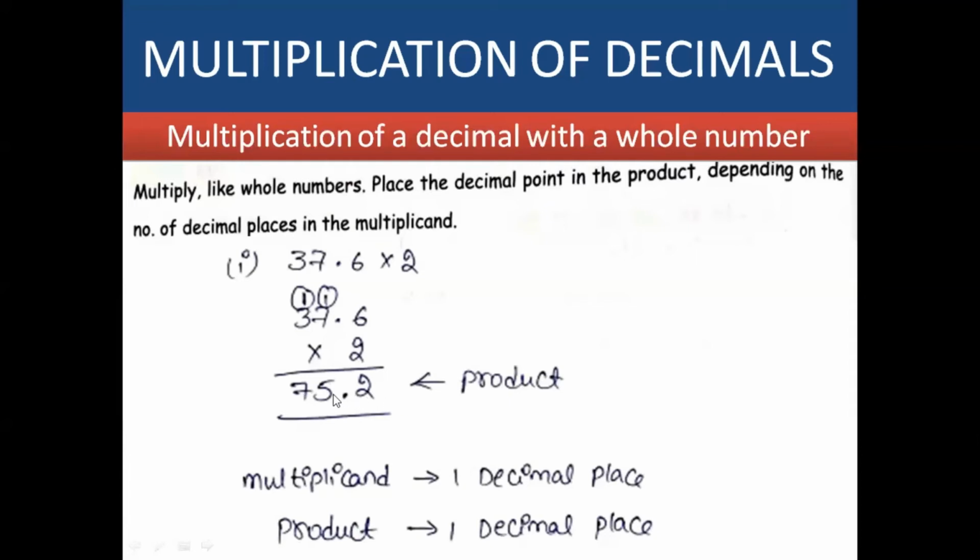Product is 75.2. Multiplicand, 1 decimal place. Product, 1 decimal place. Product means 75.2. Multiplicand means 37.6. In this also 1 decimal place. In 75.2 product, we are having 1 decimal place, that is 0.2.